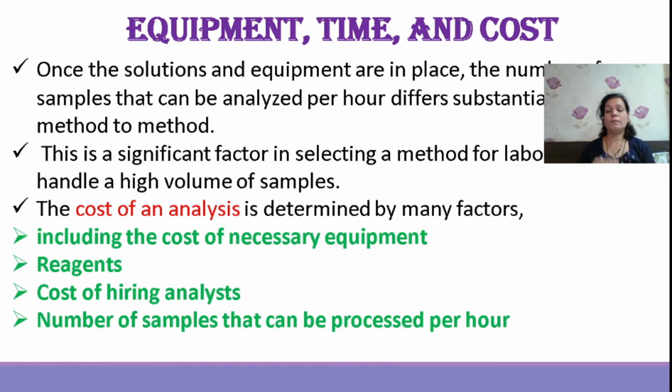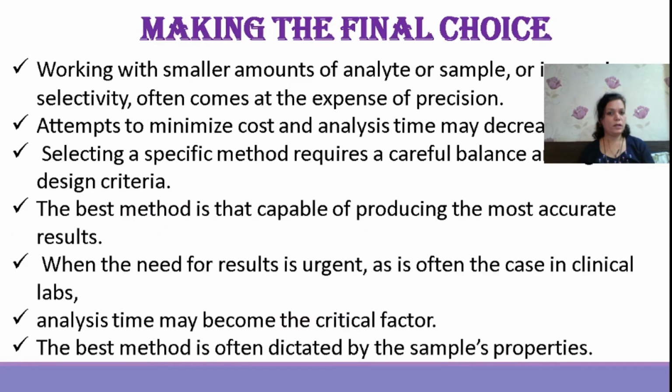Okay, and the cost of the analysis involves the cost of the instrument, its maintenance cost, the reagents utilized, the person performing this particular analysis, the hiring cost, and the number of samples that can be processed in an hour.